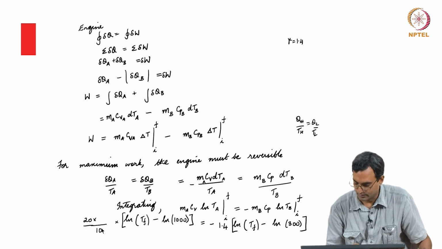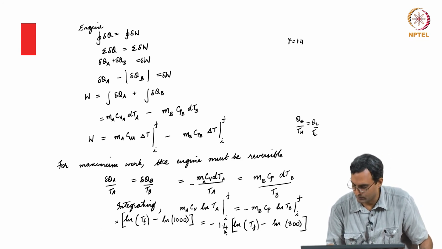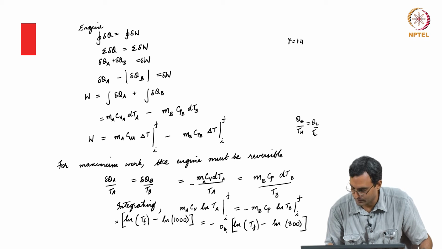So, this is 20 by 10, which is essentially 2, and 1.4 divided by 2 is essentially 0.7.